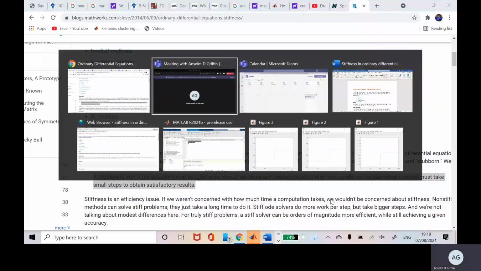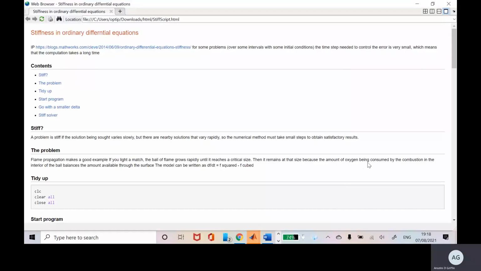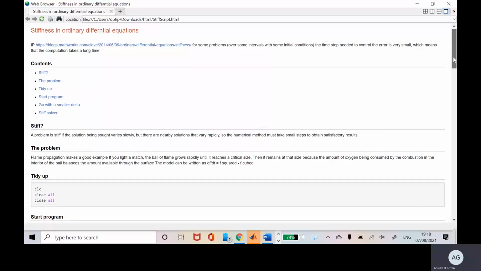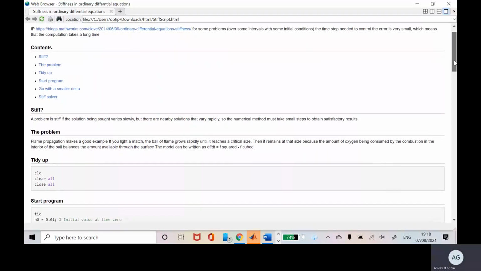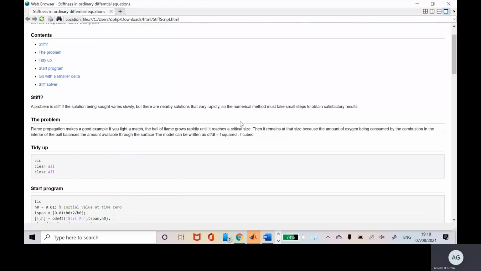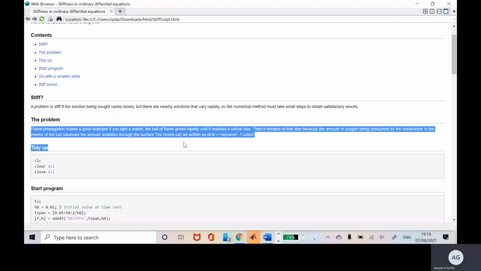So I did it in Matlab, and here is the published version here, and we're looking at flame propagation. Highlighted there.